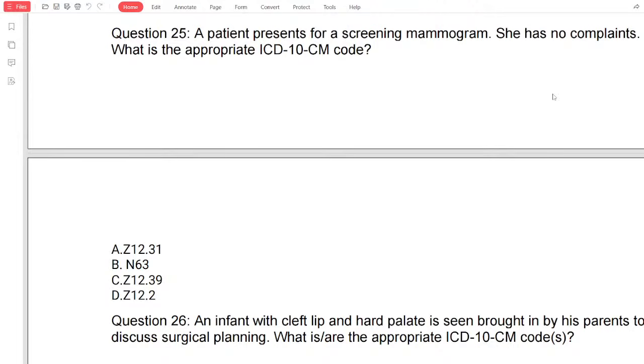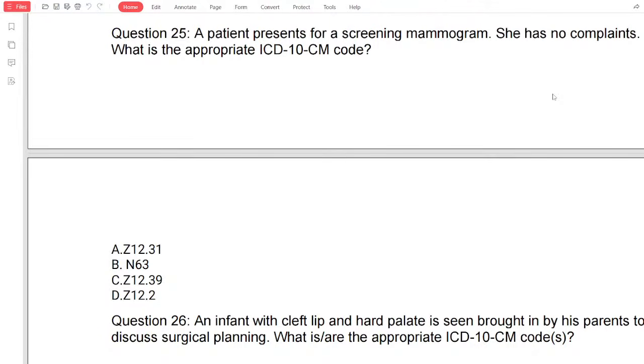Everyone just check the code. Is it 12.31? 12.31 is the correct answer. What is 12.31? Yeah, the code is for encounter for screening mammogram for malignant neoplasm of breast.